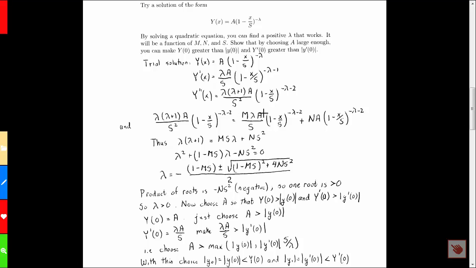That means we multiply by M, and we have (1 minus x over s) to the minus lambda minus 2. And working on the term for Y, let's go back up where we can peek at it. We have to multiply by N over (1 minus x over s) squared. That conveniently makes the exponent minus lambda minus 2, and we've multiplied by N. That all factors out, and we've just got a quadratic equation.